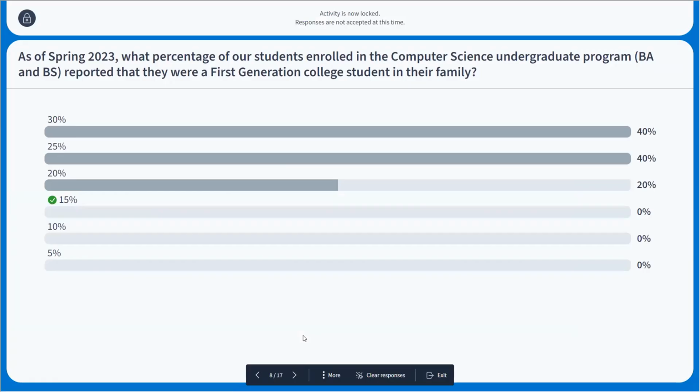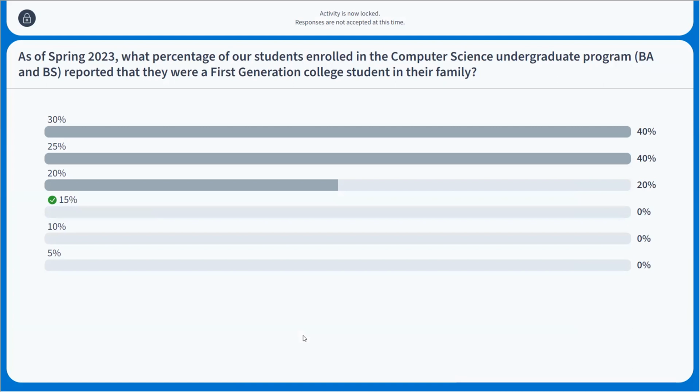And the answers are: 40% guessed 30% of our students are first gen, 40% guessed that 25% of our students are first gen. Actually, the answer is 15% are reporting themselves as first gen, and no one guessed that.